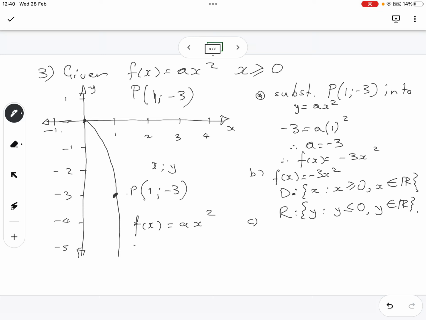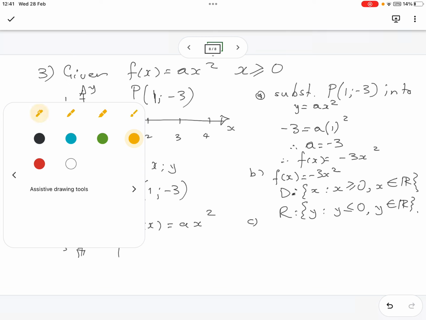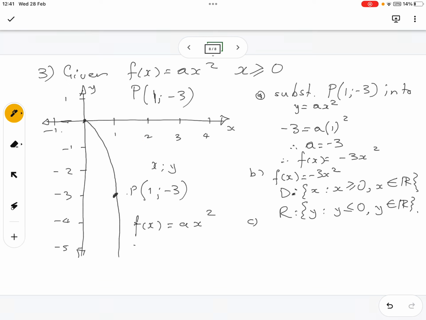So we must give the coordinates of the point on F inverse that is symmetrical to the point P about the line y equals x. Okay. So the line y equals x would be something like that, right?